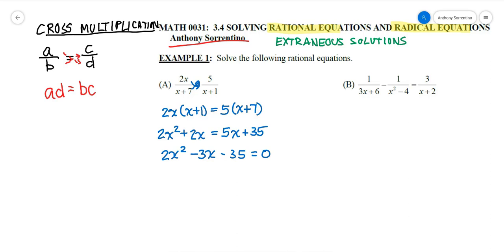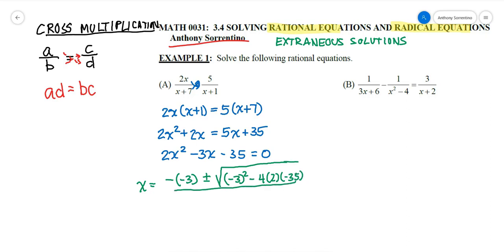And using the quadratic formula, x is going to equal negative negative 3 plus or minus the square root of negative 3 squared minus 4 times 2 times negative 35, all over 2 times 2.